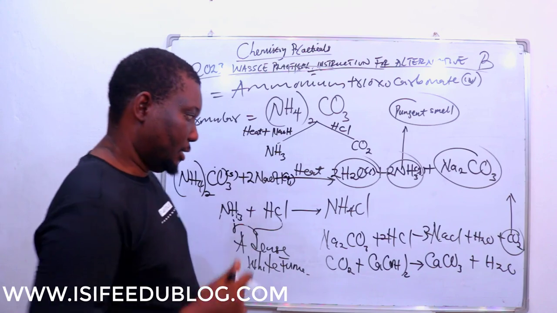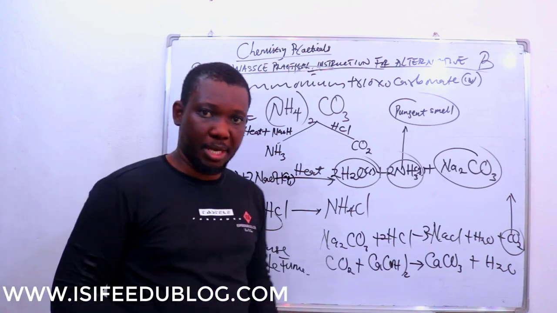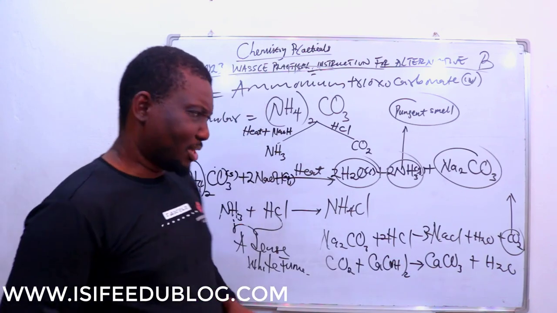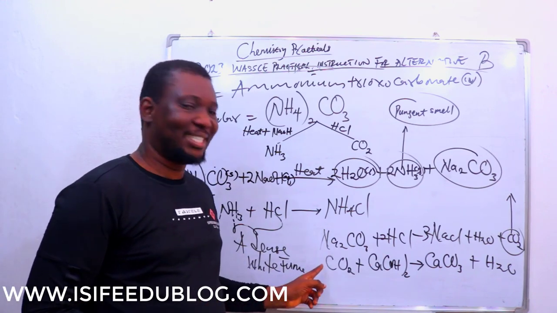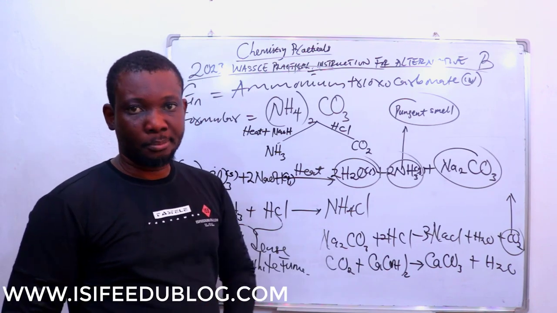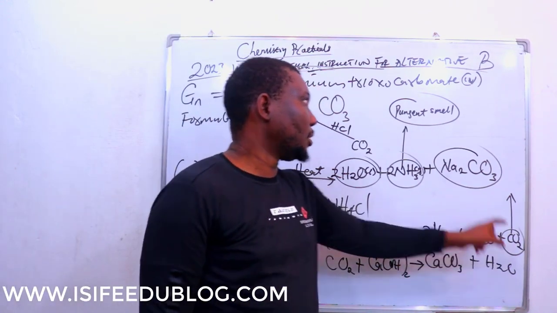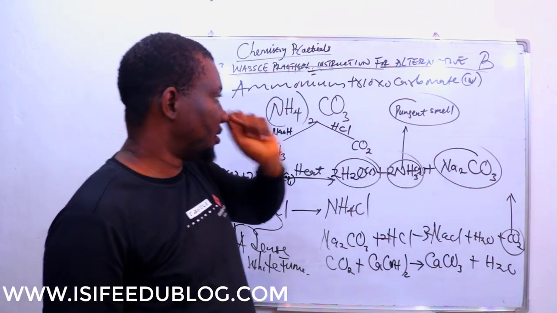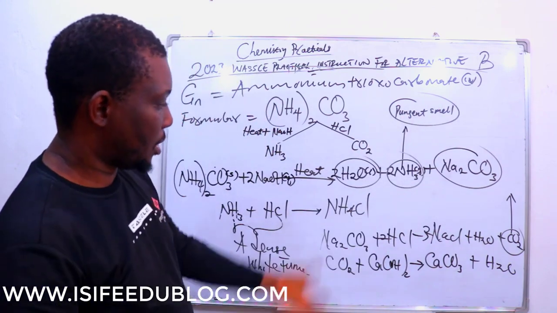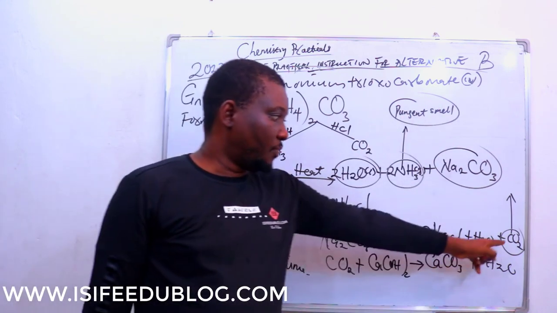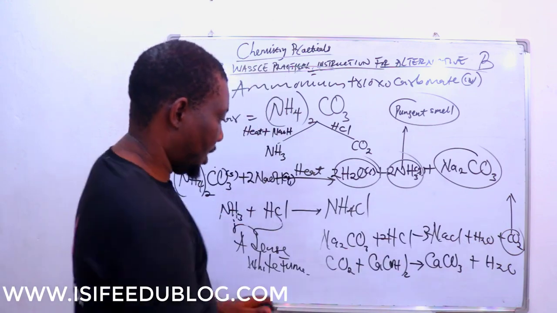But the milkiness will disappear if you excessively allow the gas to enter. So the gas doesn't produce any odor, it is odorless and colorless, but confirm it by passing it over lime water.